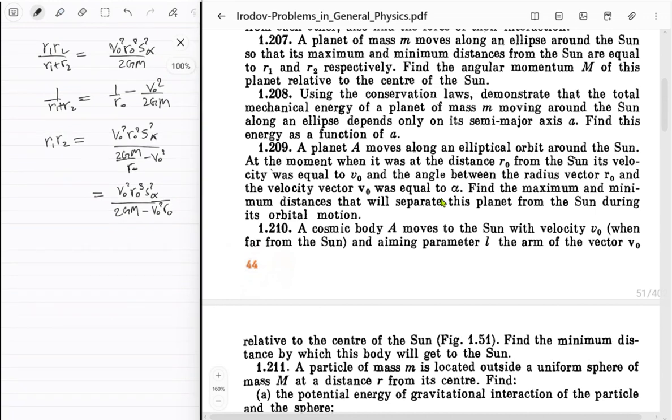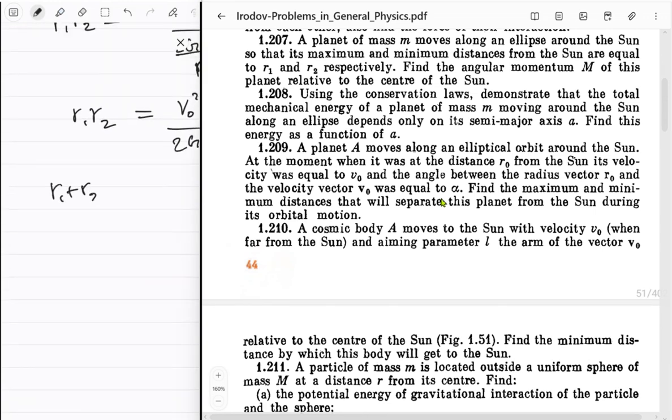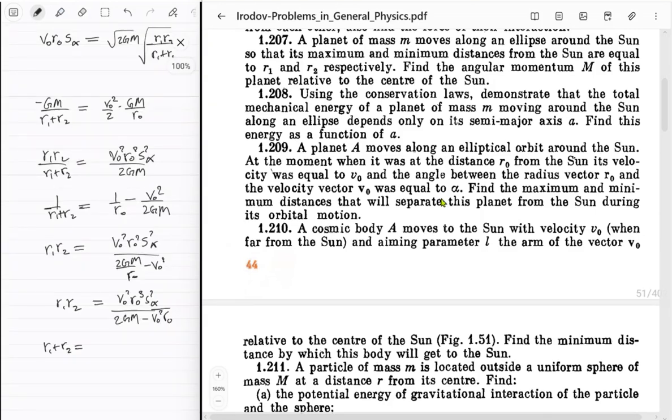That is what r1 r2 is, and then r1 plus r2 is just, how do you get r1 and r2 by themselves, not like this? You won't get it like that. Oh god, you will have to invert this. Are you serious?